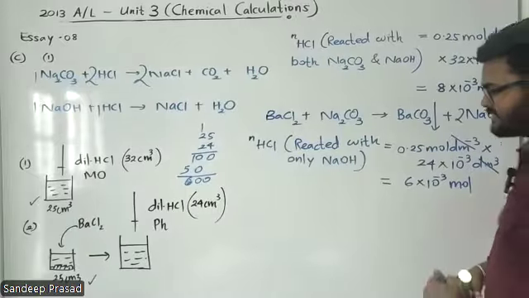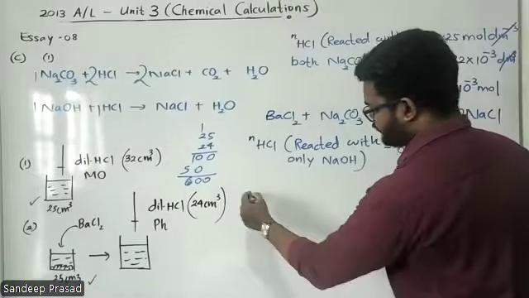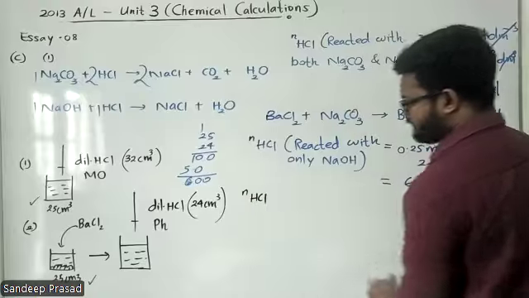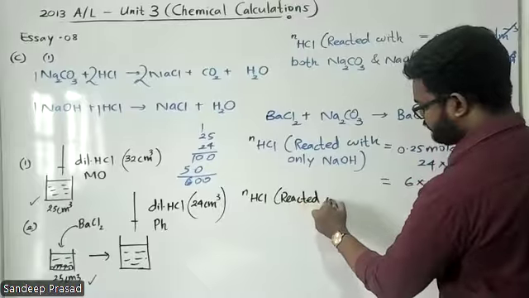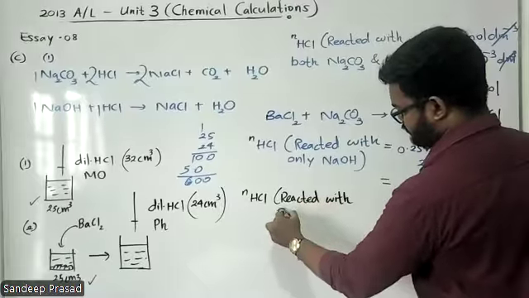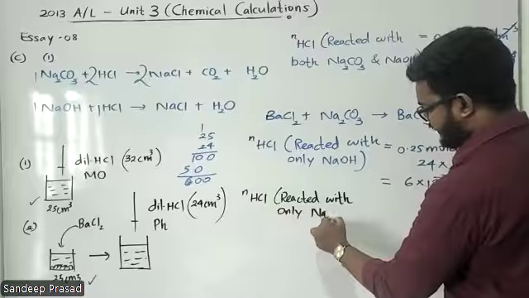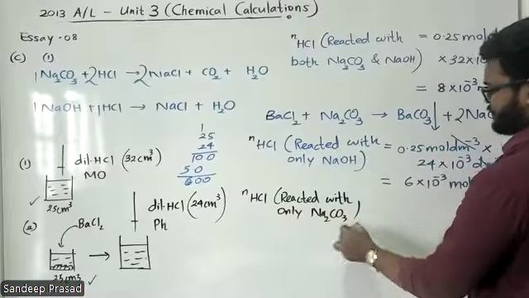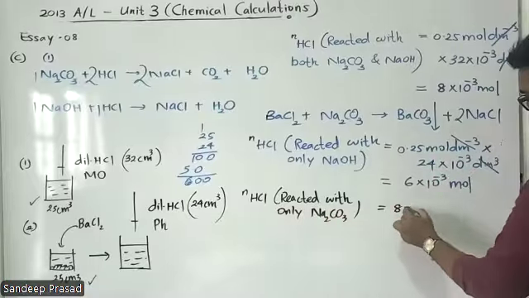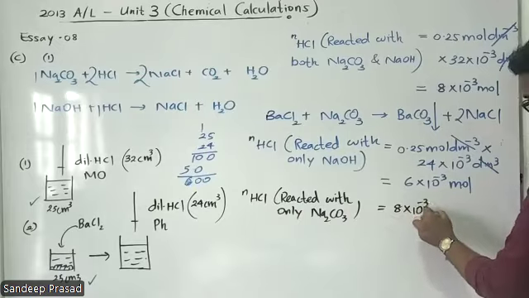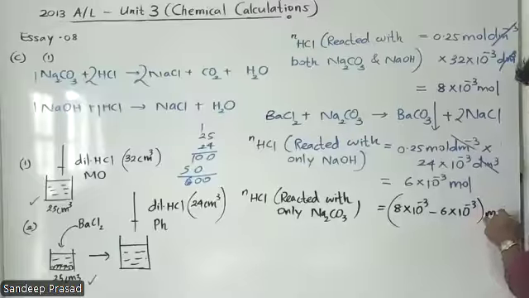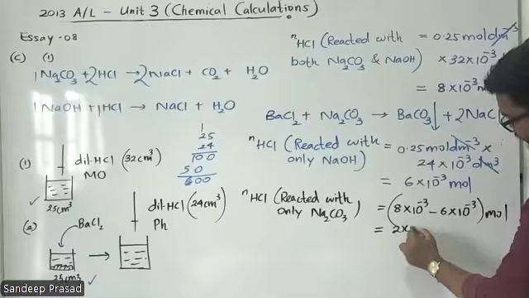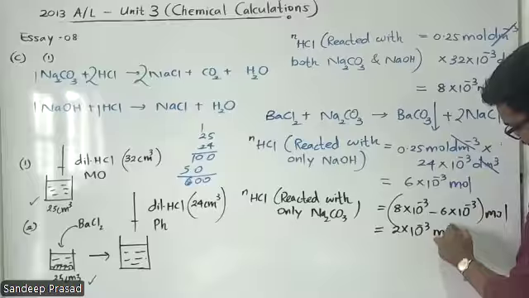So the number of moles of HCl reacted with sodium carbonate only can be taken as the difference between these two. What is the value? 2 into 10 to the power minus 3.